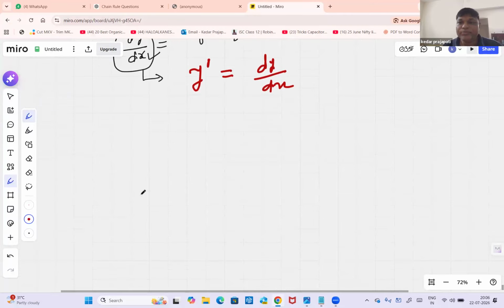There are certain formulas we have to always remember, and we have to understand how they are being used. The first and foremost formula is: y equal to x to the power n.